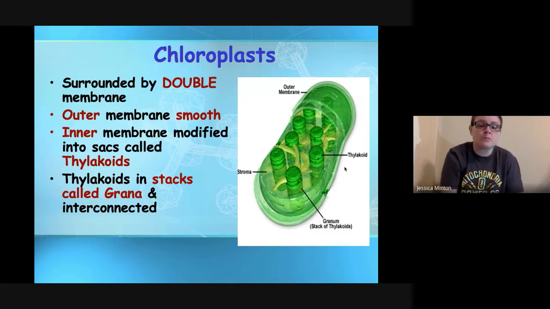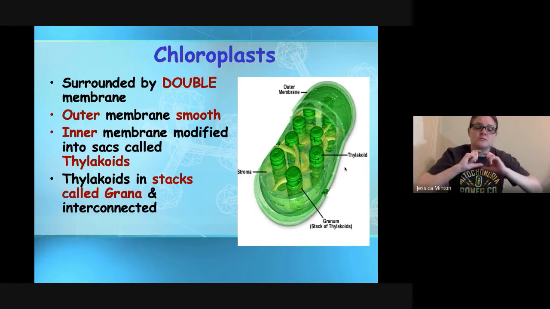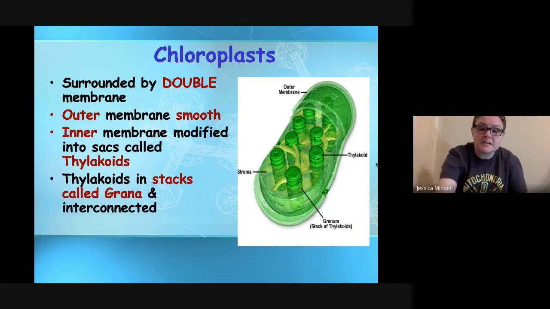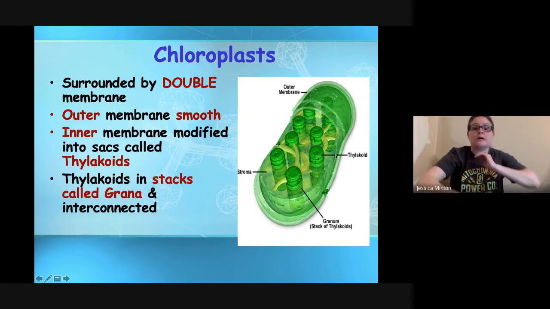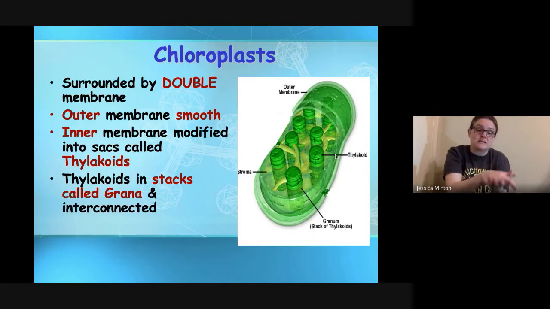So that inner membrane, again, has those little sacs called thylakoids. Think about each one of those nickels as a thylakoid. When I make them in stacks, they're called grana, but they're connected. It's like when someone glues everything together and glues it to the floor so you can't move it.